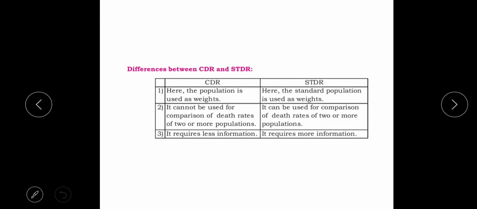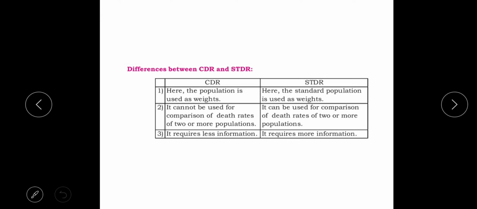For current year, if we calculate, if it reduced to 25, so we can say that compared to last year, India's death rate is decreased. Last year, per thousand individuals, 30 were dying, but this year in India per thousand individuals, 25 are dying. But we cannot compare with other locations. Whereas STDR is calculated for the purpose of comparison itself. So we can compare with two or any number of countries' populations.